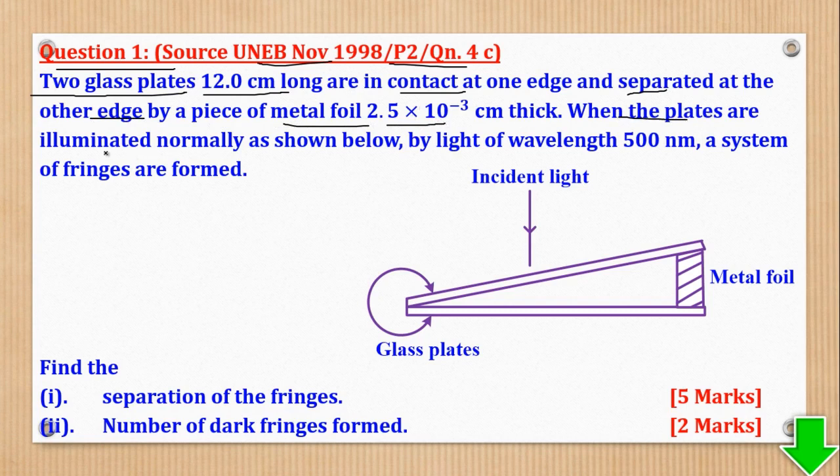When the plates are illuminated normally as shown below by light of this wavelength, a system of fringes is formed. Find (i) the separation of the fringes, and (ii) the number of dark fringes formed.